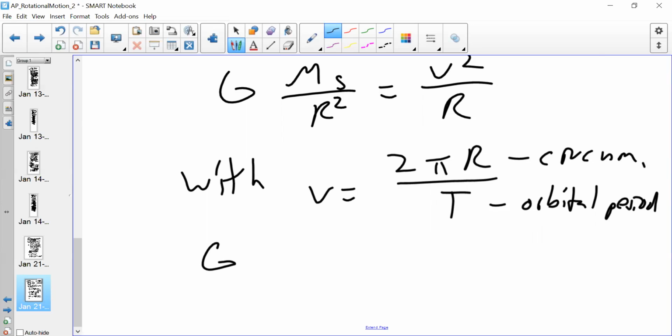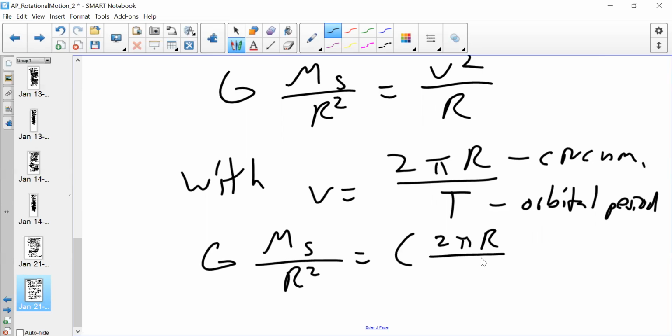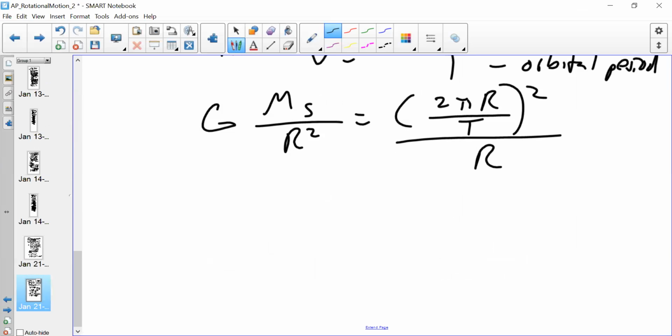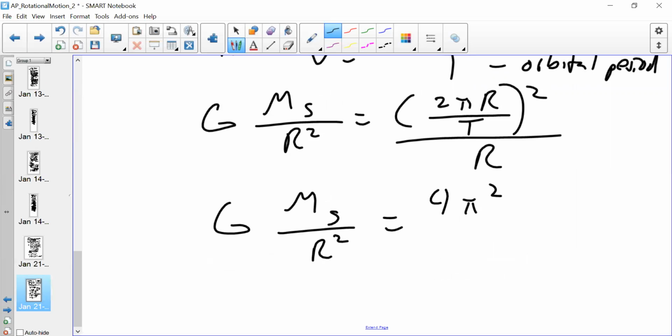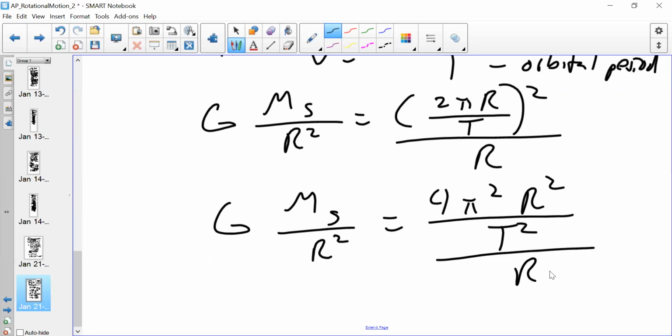And so we have G mass of sun over r squared, keeping the velocity squared over r, equals 4 pi squared r squared over T squared over r.